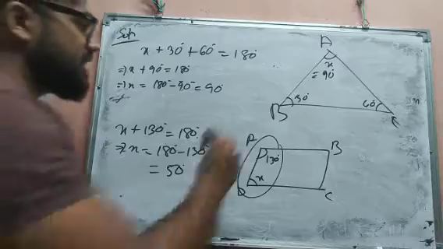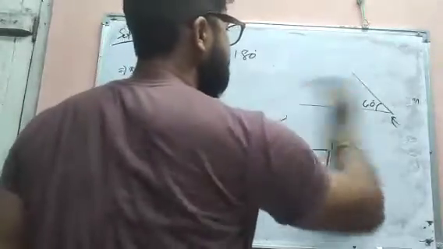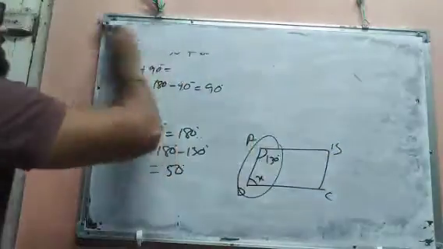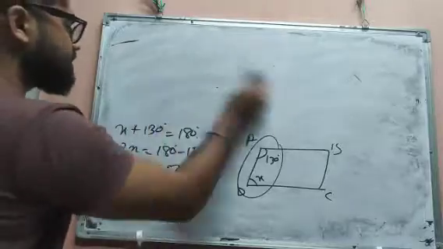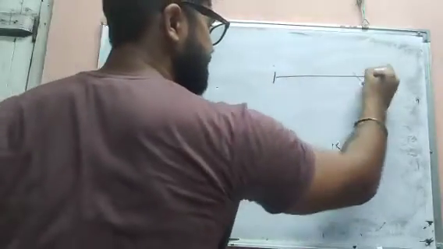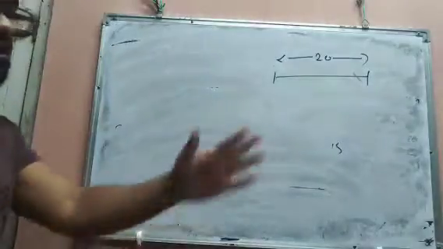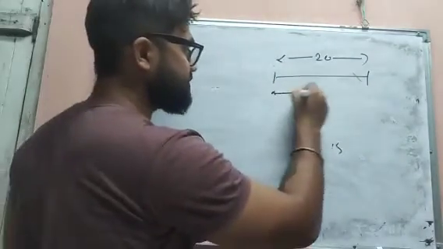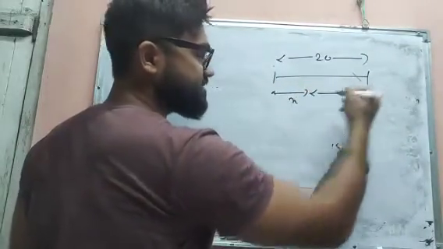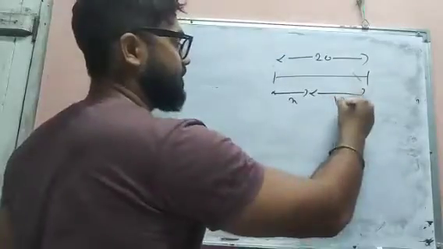Lastly, I am going to describe one more diagram here. Suppose you have given one more diagram like that. Here the line segments are given, here the length of the line is given 20, and here this part is given suppose x, and this part is given suppose 12.